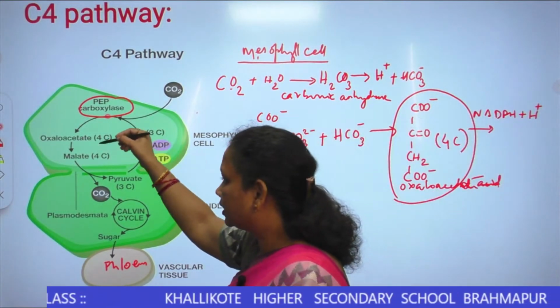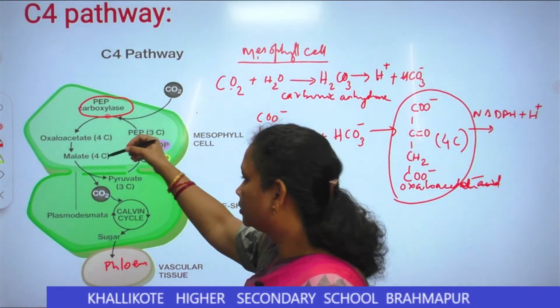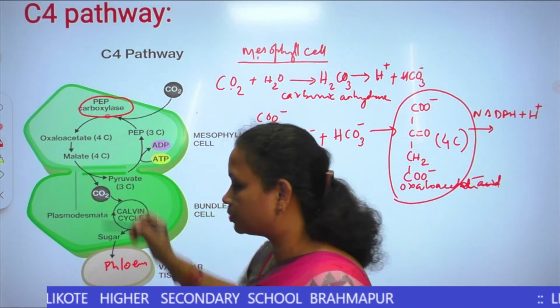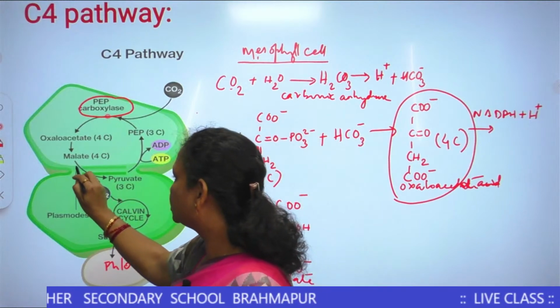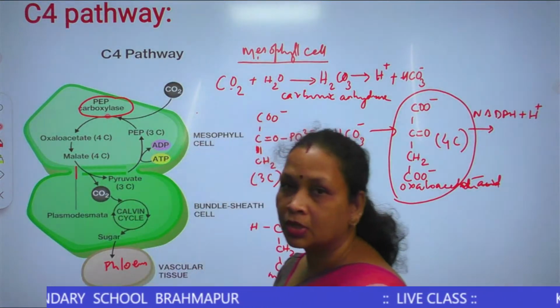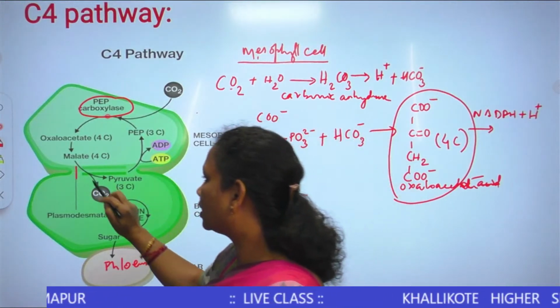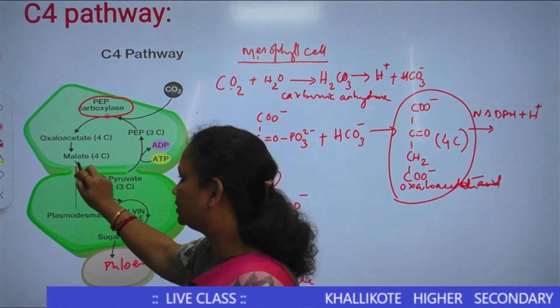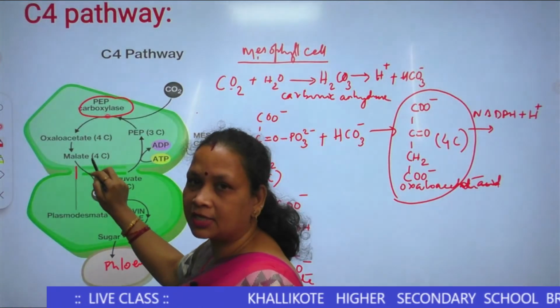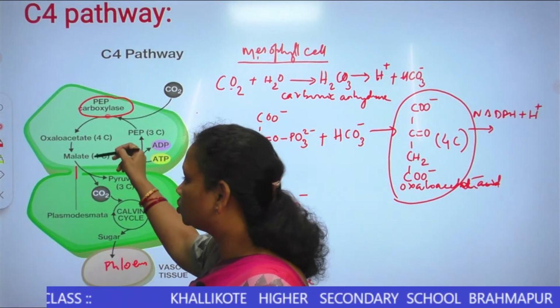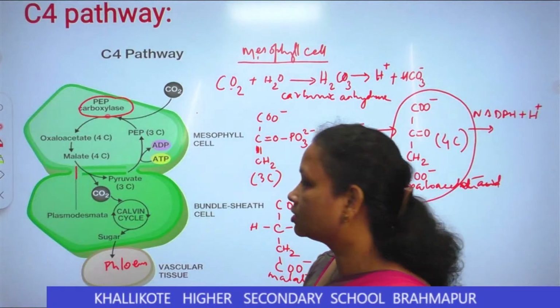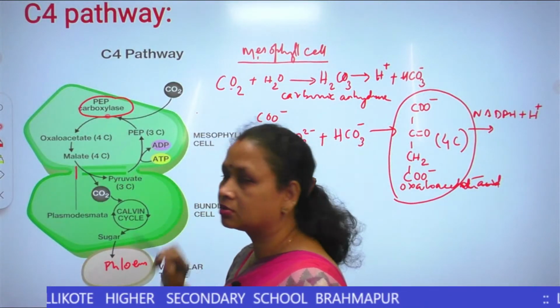This malate is transported through the plasmodesmata. So this opening is the plasmodesmata. So what is a plasmodesmata? Plasmodesmata are intercellular cytoplasmic connections between 2 adjacent plant cells where the cell wall is not present.